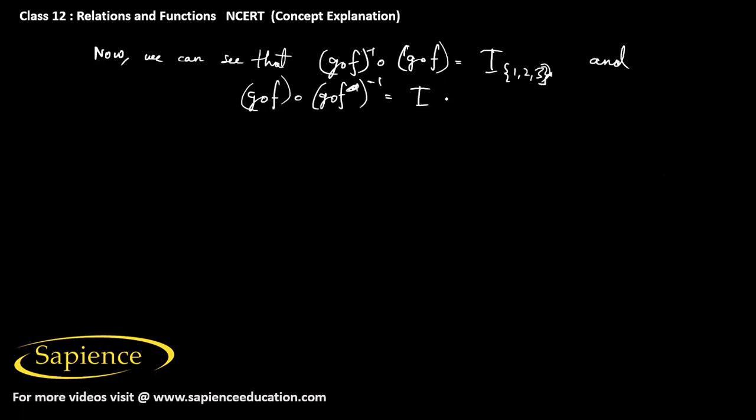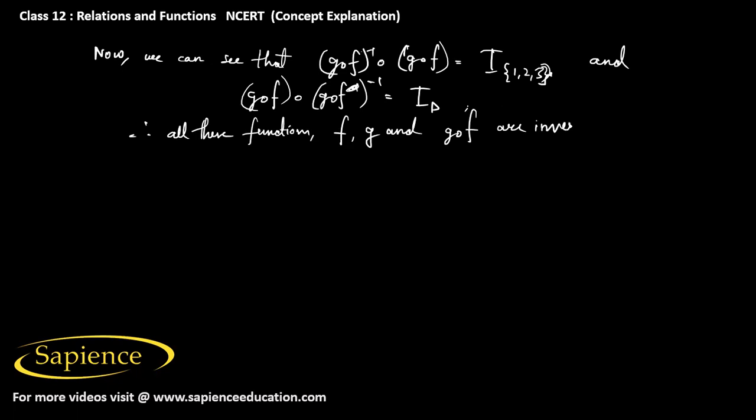So this will be the identity element on the set D. So therefore we can say that all these functions f, g and g of f are invertible functions, since their inverse exists.